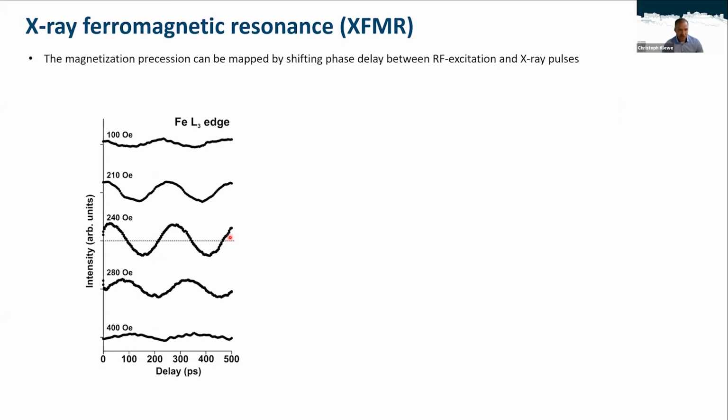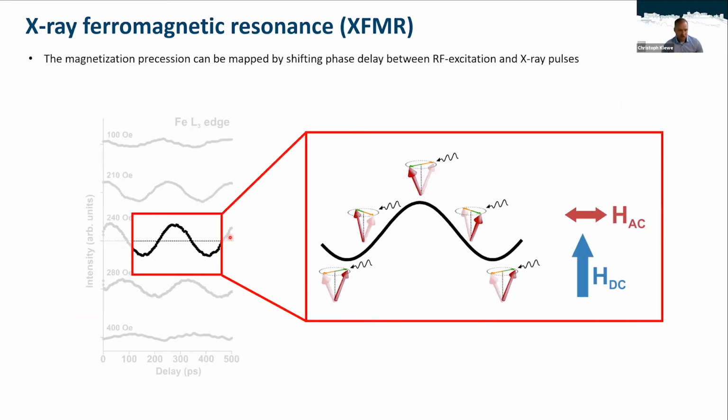And what that means is that each point of the phase delay scan corresponds to a different state in the precession of the magnetization. For example, here we look at this state, and then we shift the phase delay of the RF excitation, and then we look at this state, and then this state, and that gives us this pronounced shape in the phase delay scan.